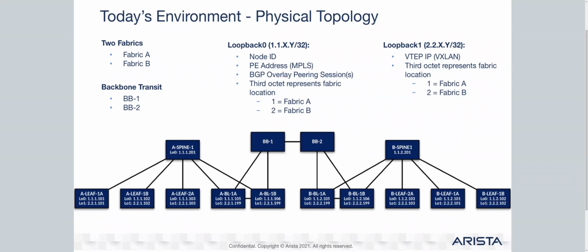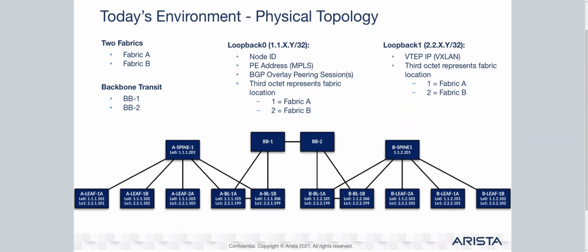It's important to keep this straight as we go through our examples today. 1 equals fabric A and 2 equals fabric B. We'll always do our best to reference which particular fabric a node is in when we're looking at the control plane state. But just remember, 1 is physical fabric A and 2 is physical fabric B.